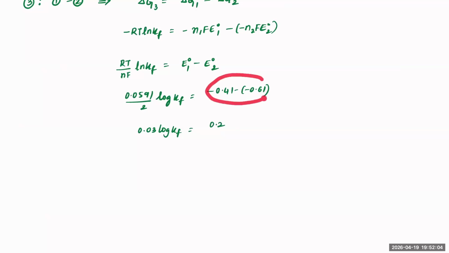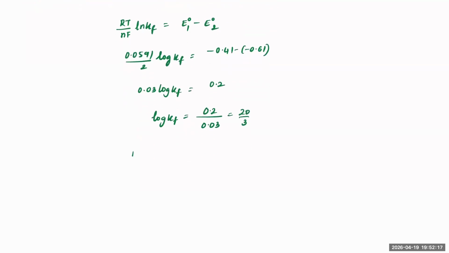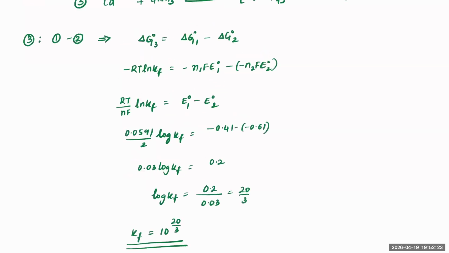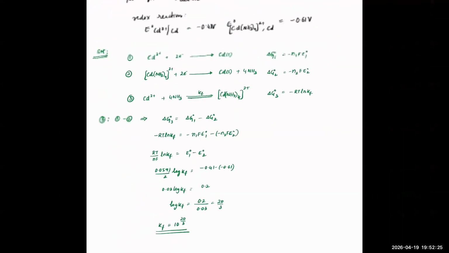Okay, so log of Kf will be equal to 0.2 upon 0.03. Correct? So which is around 20 by 3. So Kf will be equal to 10 raised to the power of 20 by 3. Okay. So this is the value you are expecting. So please do check quickly.